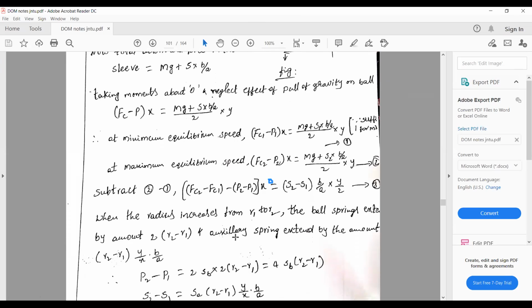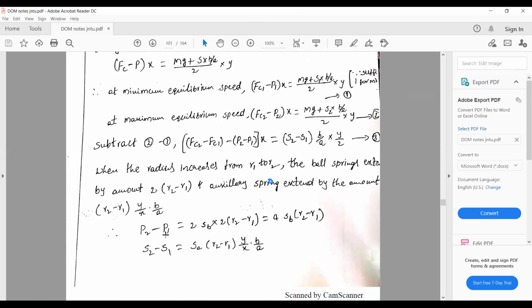Now, when the radius increases from R1 to R2, the ball springs are extended by the amount of 2 into R2 minus R1, and the auxiliary spring is extended by the amount of R2 minus R1 into y by x into b by a.